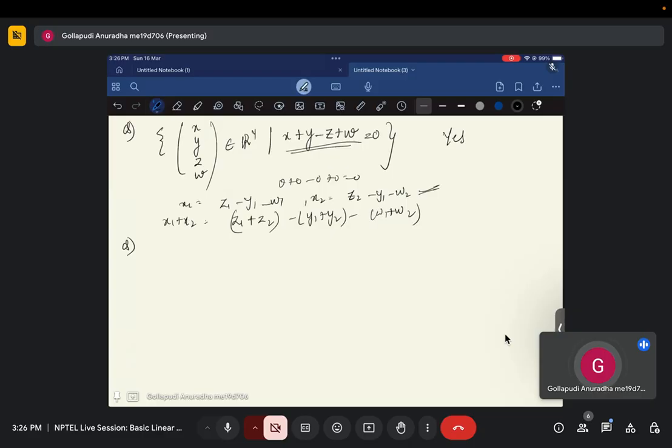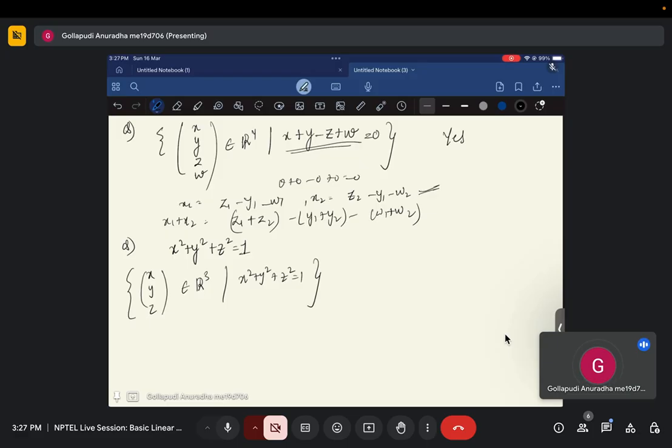Okay, so let me know whether this one will be a vector space or not. So the question is, in R3 such that x square plus y square plus z square is equal to 1.